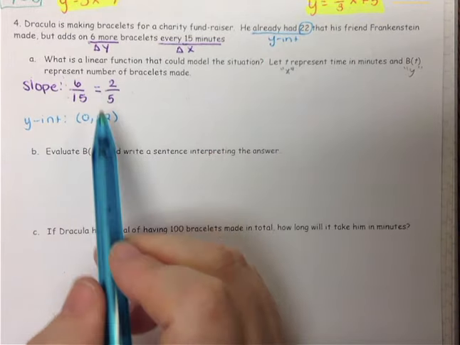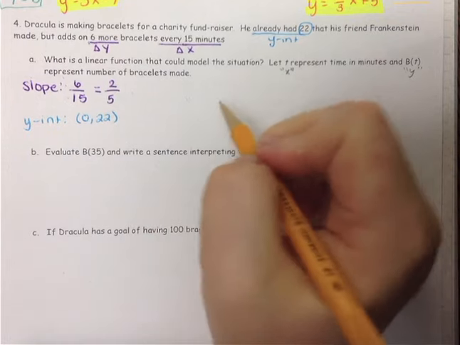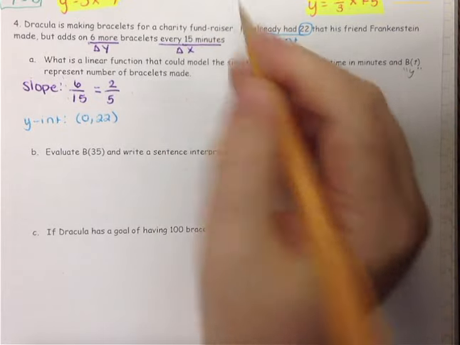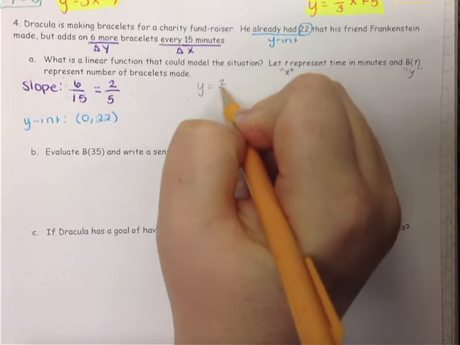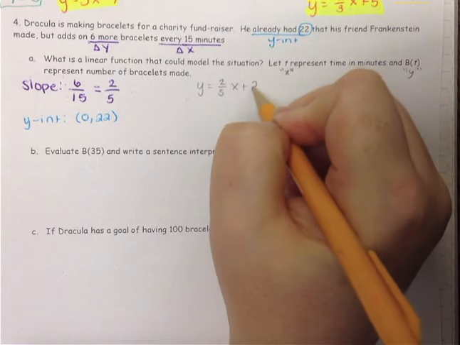Now that we have our slope and our y-intercept, we can write it out in linear format. Now generally we would use y = mx + b. So if I wrote it in y = mx + b, I would have y equals, our slope is 2 over 5, x plus b, plus that 22.